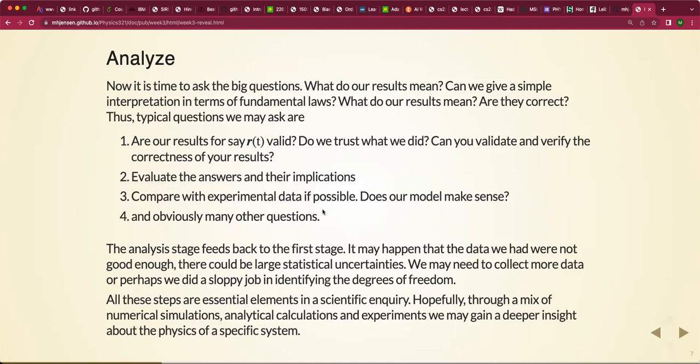And then clearly all these elements bring us back to the first stage. It may happen that the data are not good enough. It may happen that the equations and the model which we developed was not reasonable or was not a good model. And then this kind of questioning is actually what defines all the essential elements in scientific inquiry.